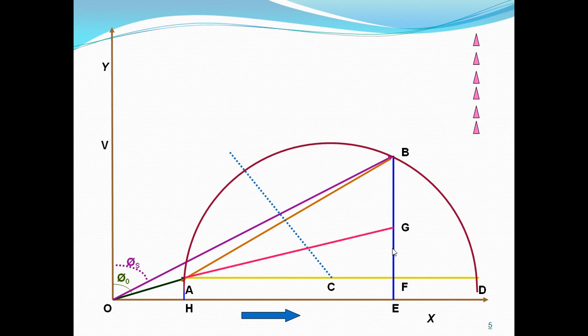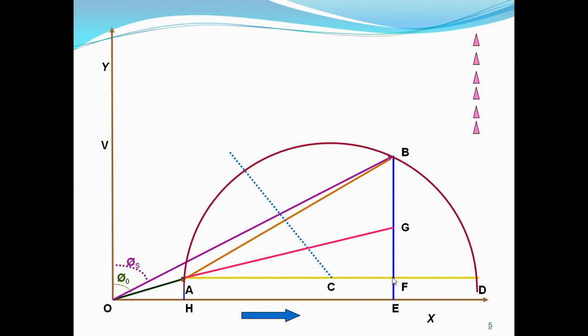BF shows the copper losses of both stator and rotor. If both are equal, then we have to mark G as the center point of BF.